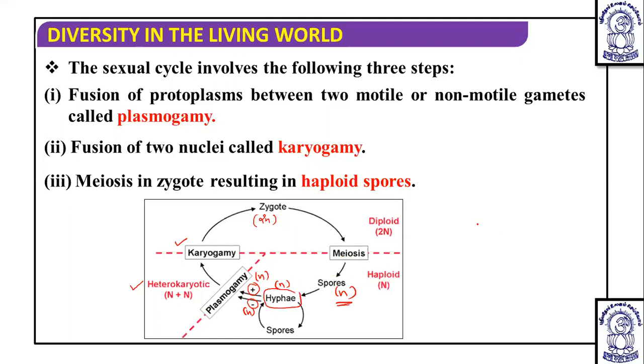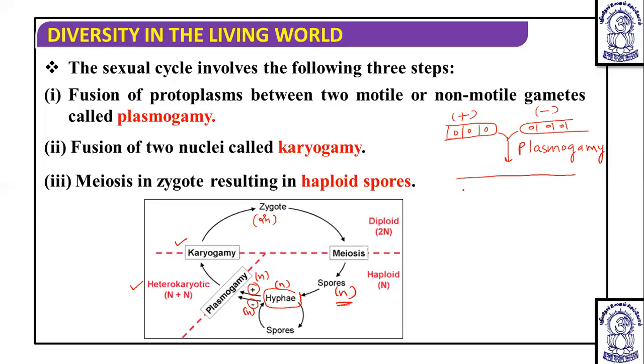If I draw this diagrammatically, suppose these are the hyphae. This is the hypha of the male fungus and this is the hypha of the female fungus, and we have taken monokaryotic fungi. Now the protoplasm of these two cells is going to fuse, and that is known as plasmogamy.